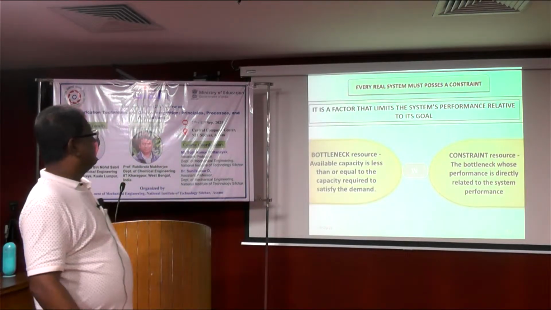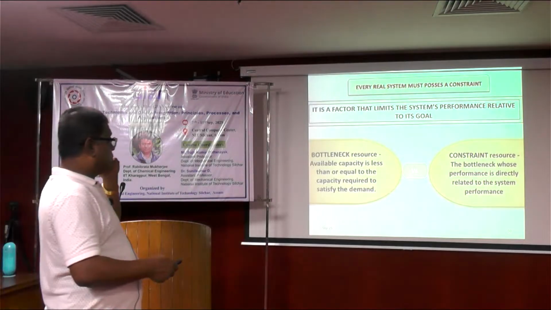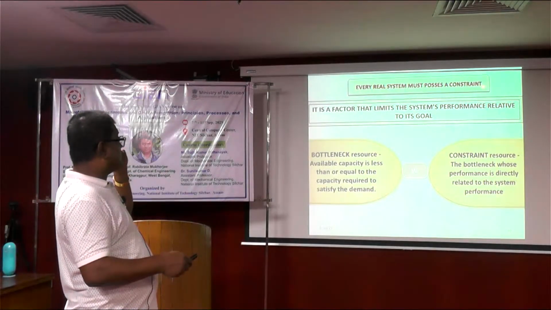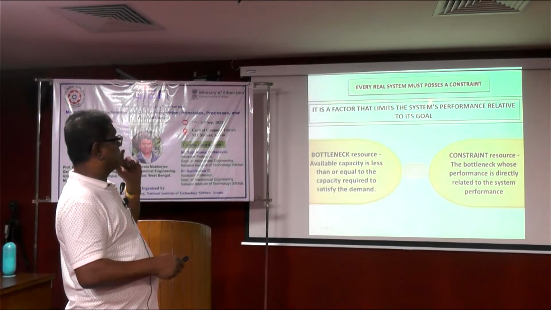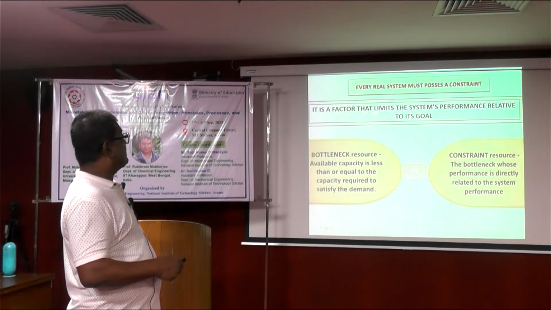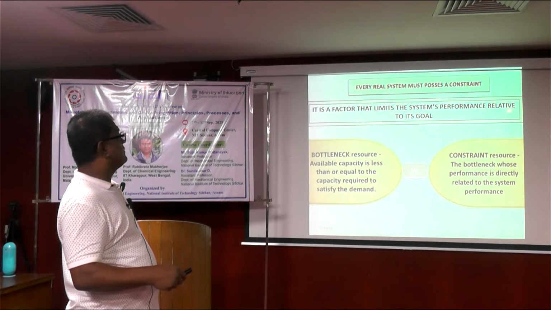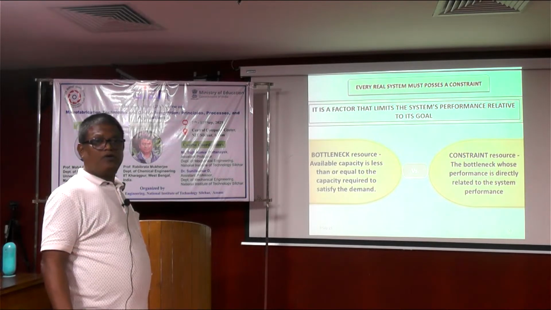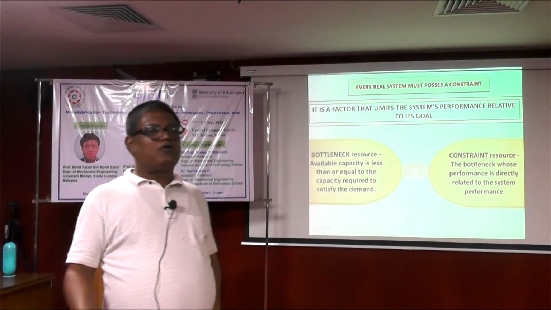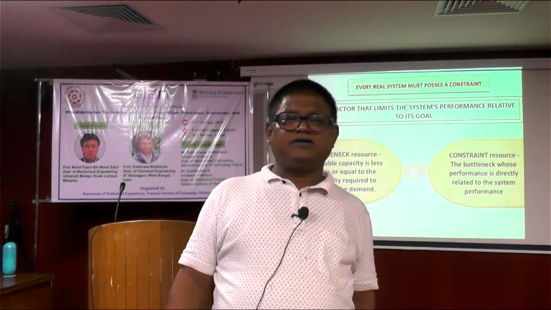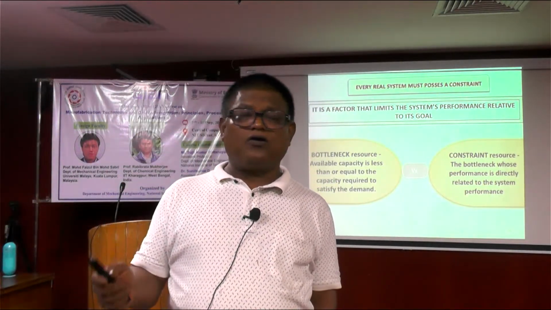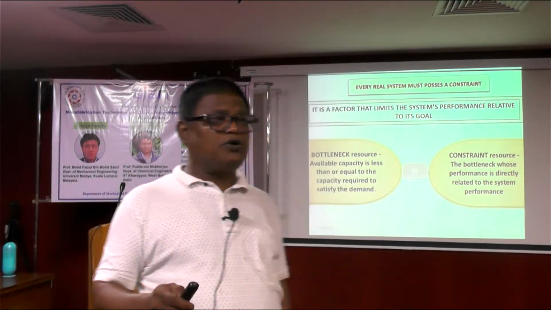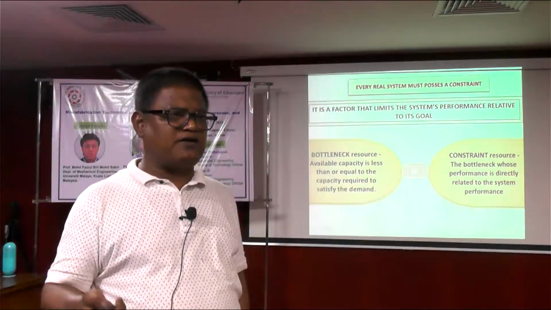Now, look, what he proposes, every real system must possess a constraint, as I explained. It is a factor that limits the system's performance relative to its goal. Now, what Goldratt says, its philosophy, every organization's goal is to make money now and in the future.